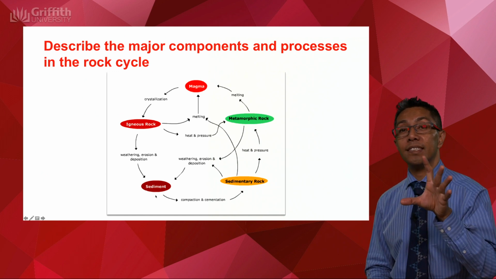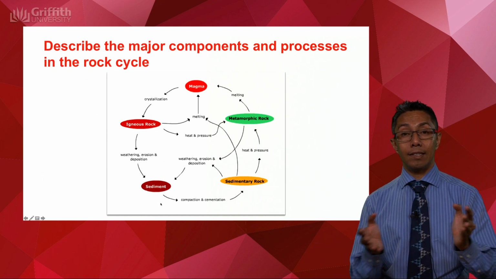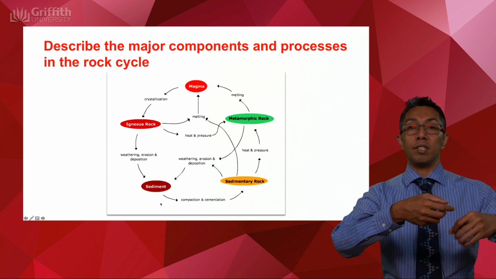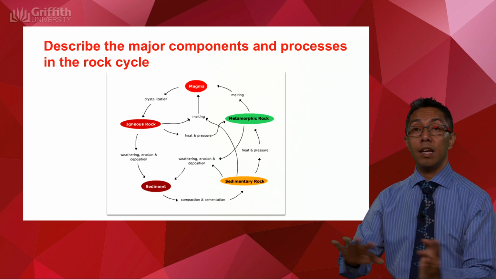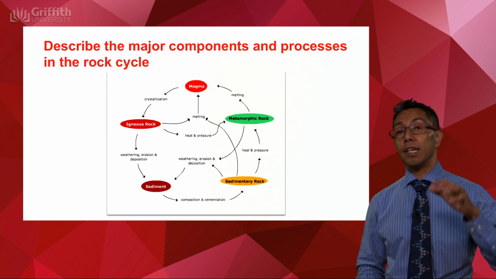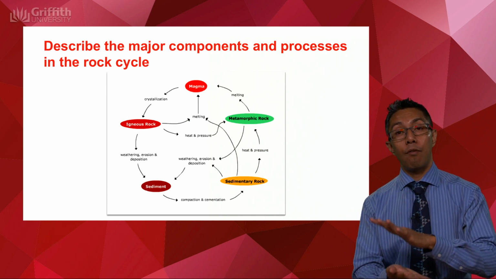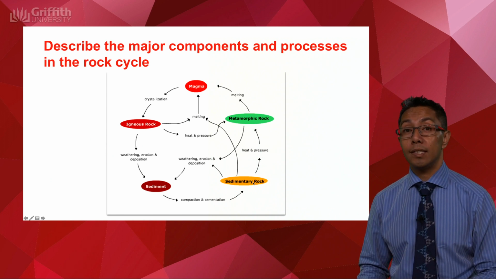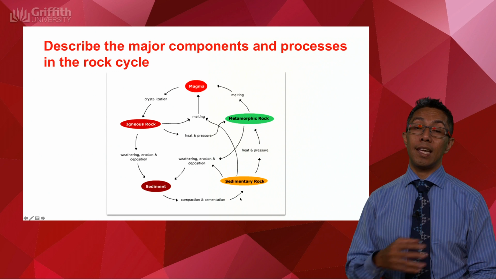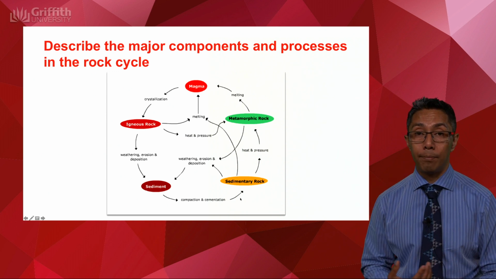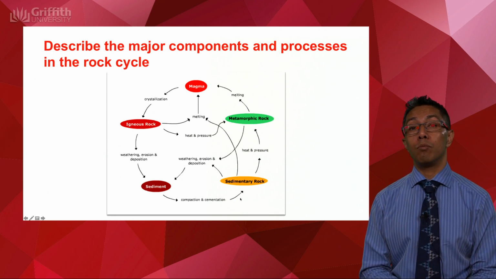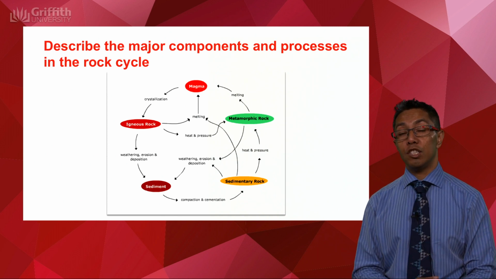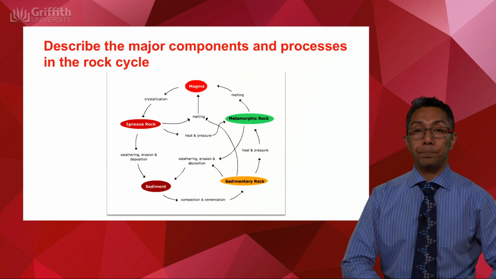Now, sometimes if that sediment is actually collected and you pile it up enough, so for example, rivers transporting sediments from the mountain down to the beach, if we compact and cement all that sediment, then it can actually turn into sedimentary rock. So for example, here in the southeast corner, we have some really, really rich sandstone deposits, generally up towards Toowoomba.